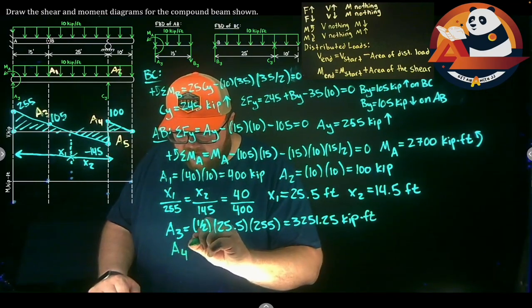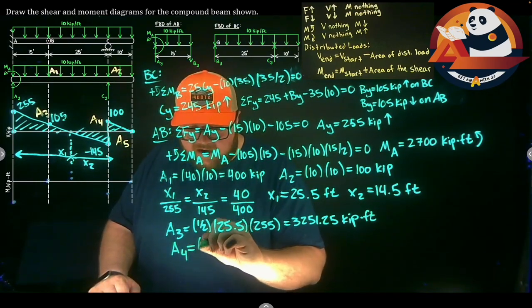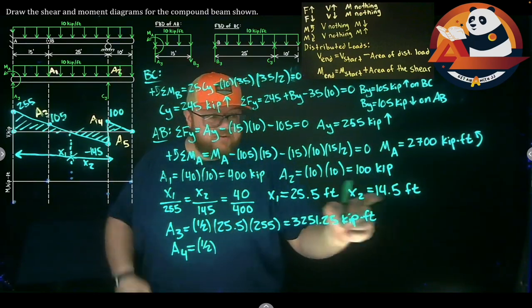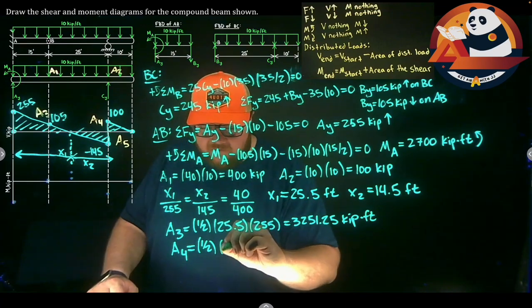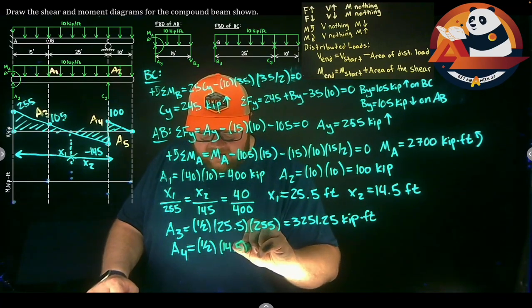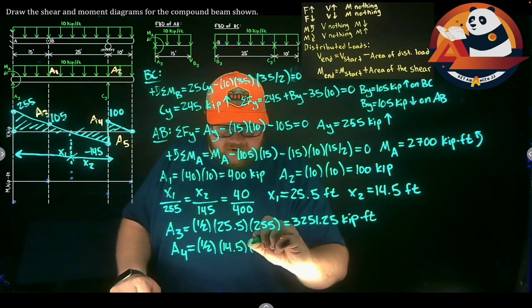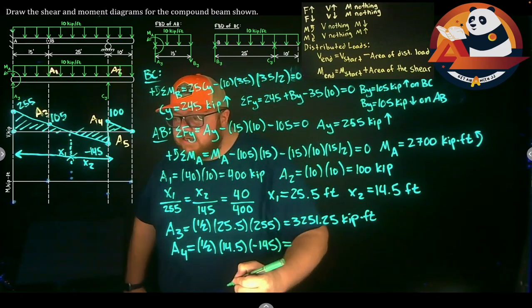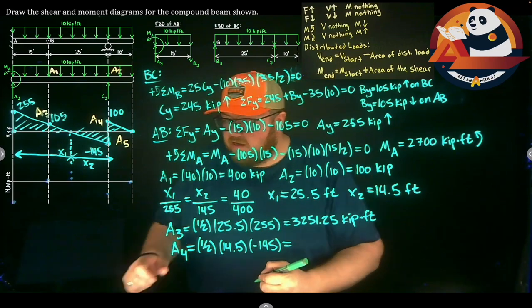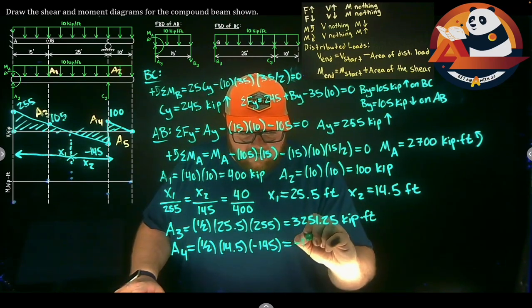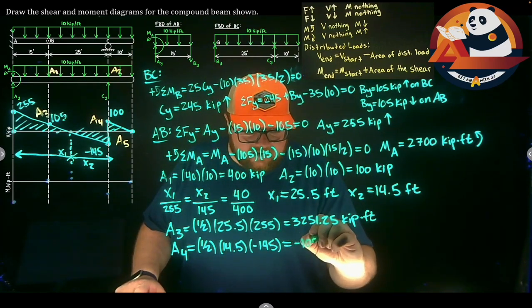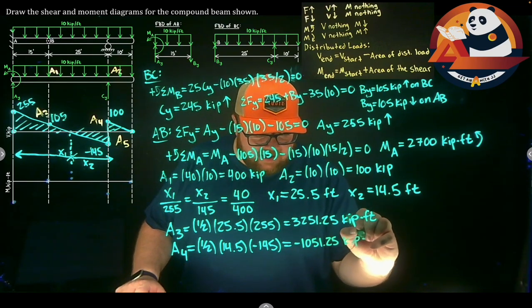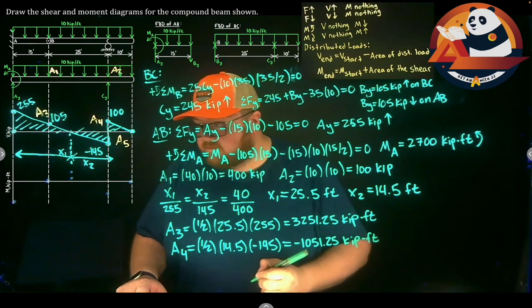Area 4 should get us 1/2. Our base is x2, 14.5, times our height, negative 145. That is going to get us to negative 1051.25 kip feet.